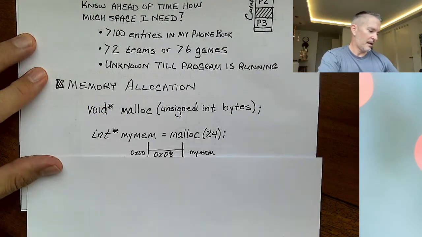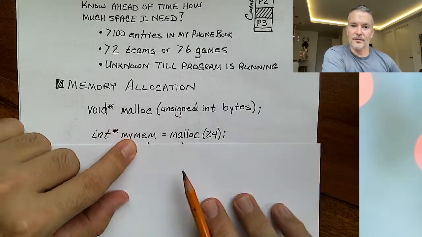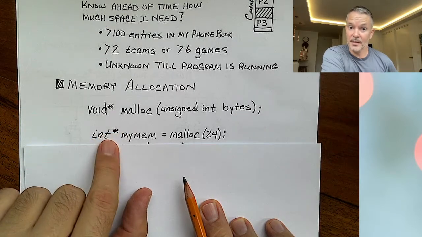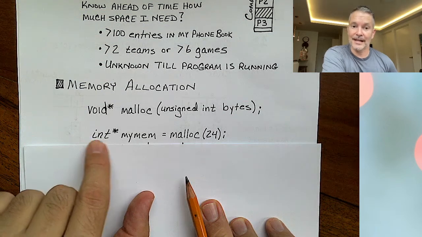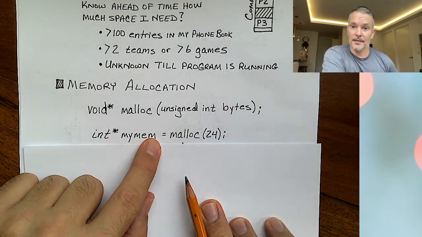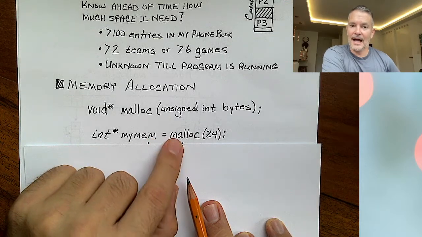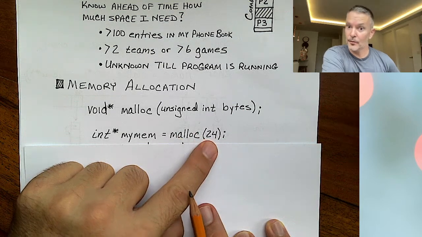So how do I call malloc? It ends up looking something like this. I declare a variable of a pointer type. Usually, I'm going to be specific about what I'm planning to store in this memory. So here, I declare an int star called mymem. This is an integer pointer, and I assign to it whatever gets returned from malloc(24).